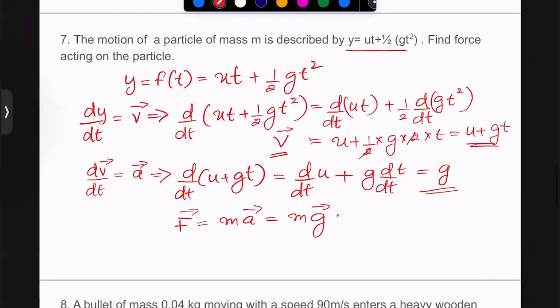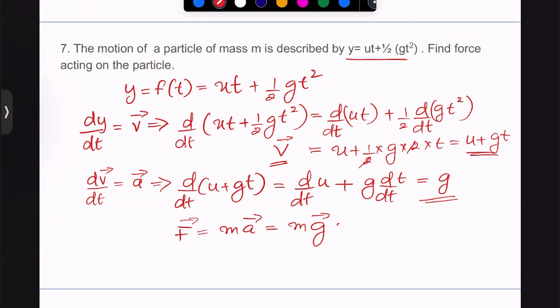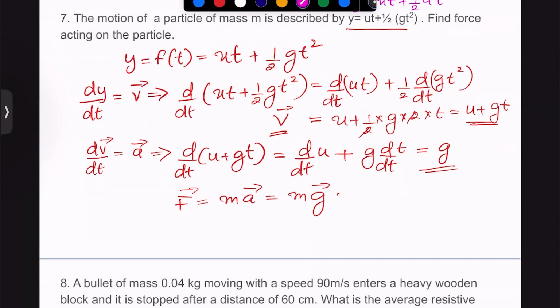We must have learned this equation for uniformly accelerated motion. Many times we have substituted. The general equation is y equal to ut plus half at squared, or we generally use s for displacement. For cases like the falling of an object or throwing an object vertically upward, we take the acceleration as gravity.